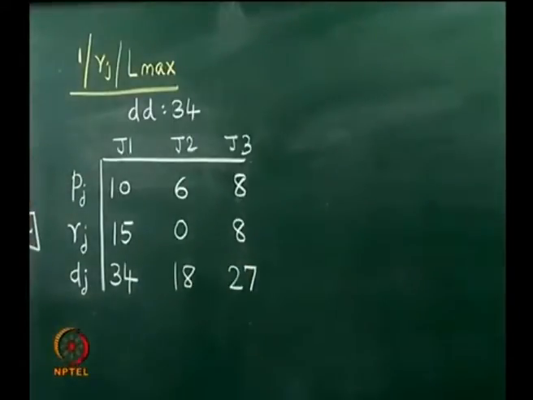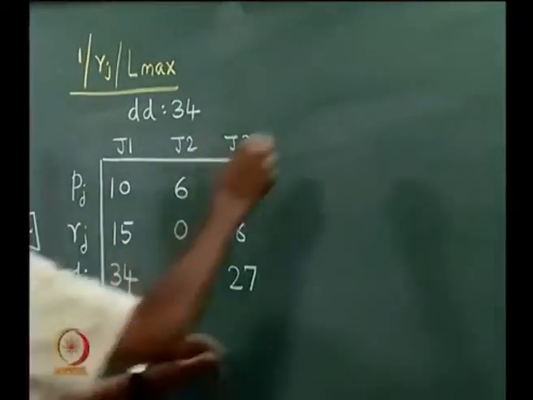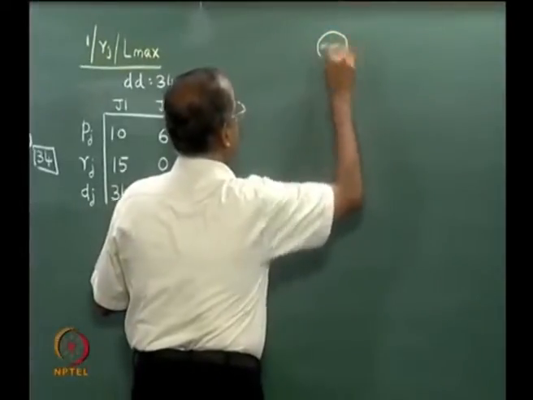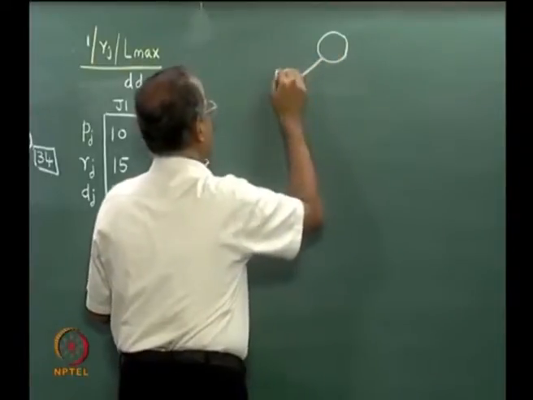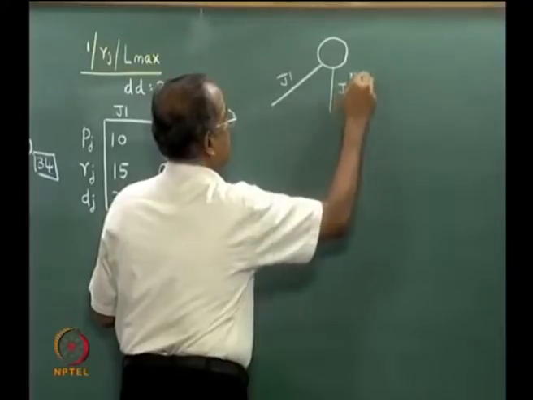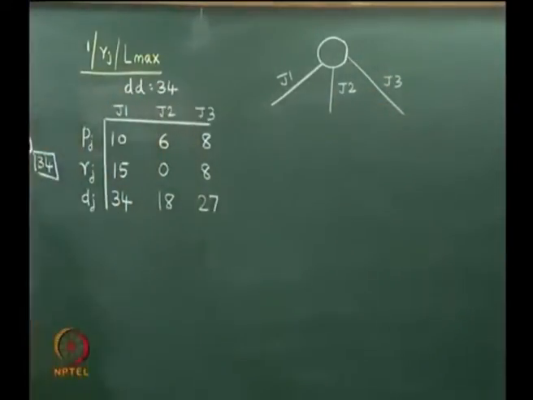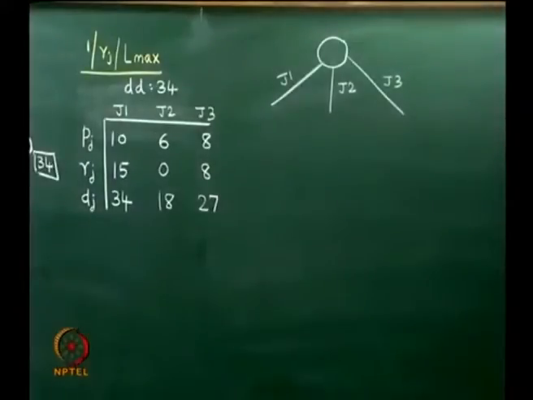So, now we have to solve a 1 | rj | Lmax on M2. So, we start with the starting node and then we put J1 as the first job, we start another sequence with J2 and we start another sequence with J3 as the first job.